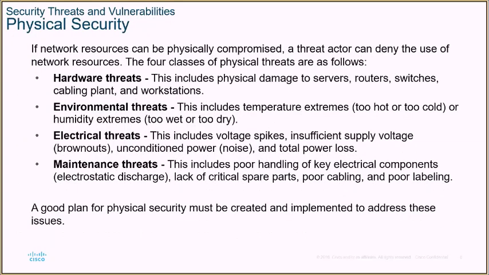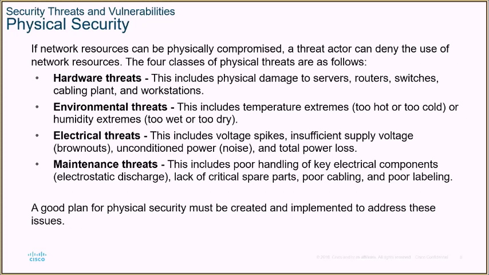Now, physical security is something that should not be forgotten. If network resources can be physically compromised, the threat actor can deny the use of network resources. The 4 classes of physical threats are as follows. Hardware threats, which include physical damage to servers, routers, switches, cabling, plant and workstations.